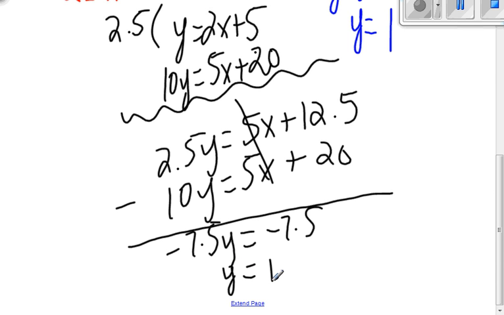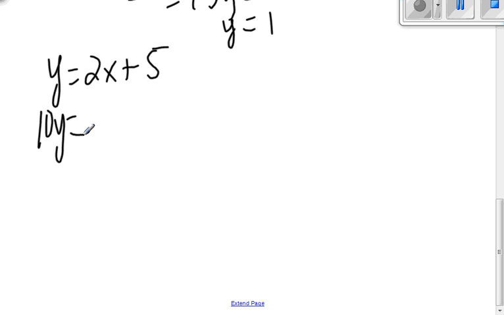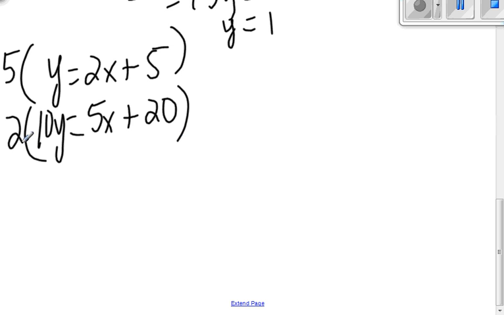Or, more ways to do this. y equals 2x plus 5, and 10y equals 5x plus 20. You could multiply the top equation by 5 and the bottom equation by 2 so that the x's match up.